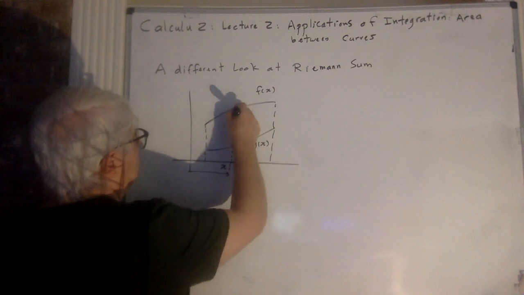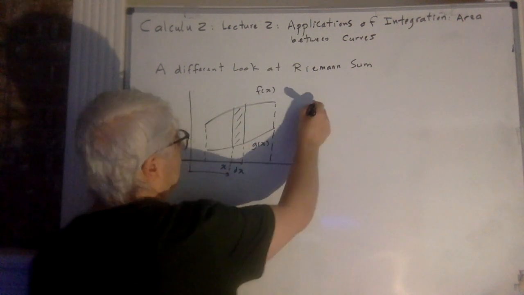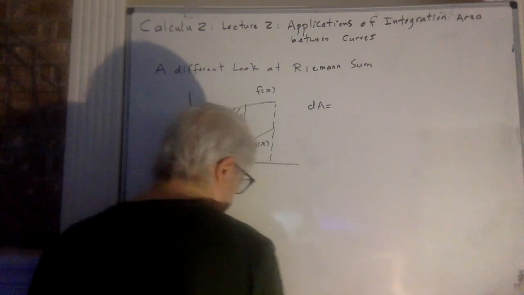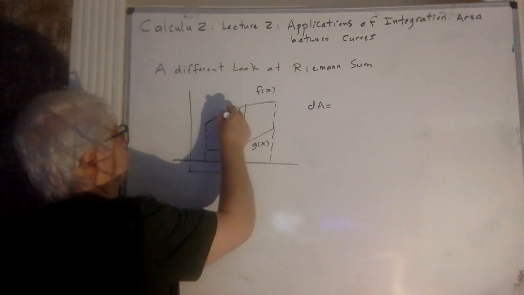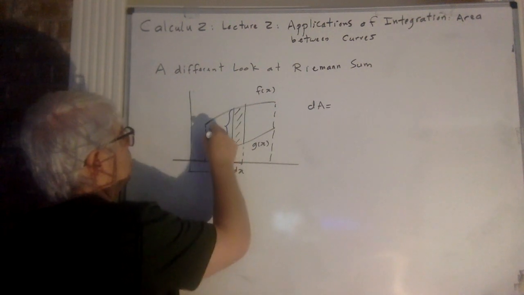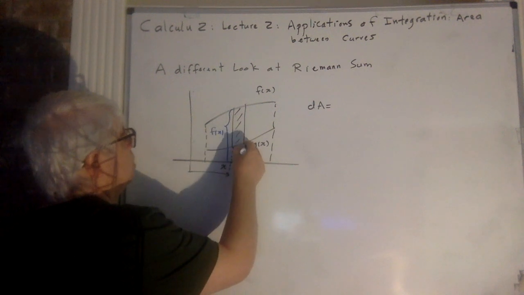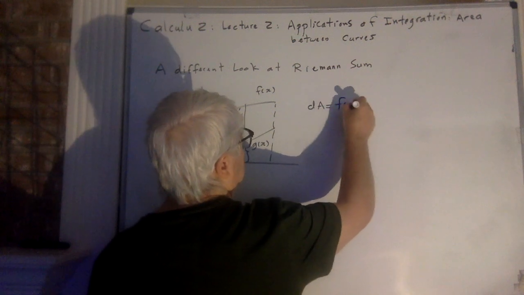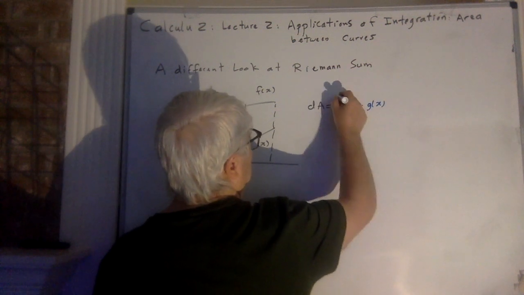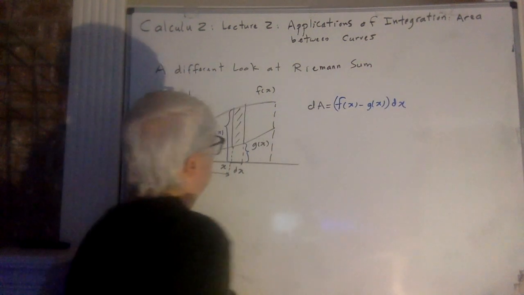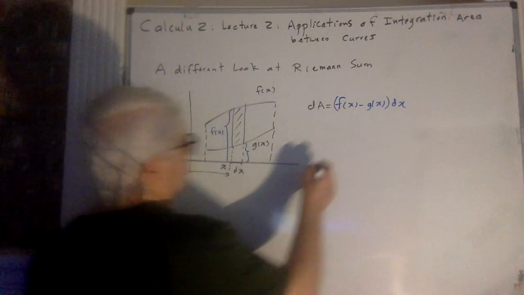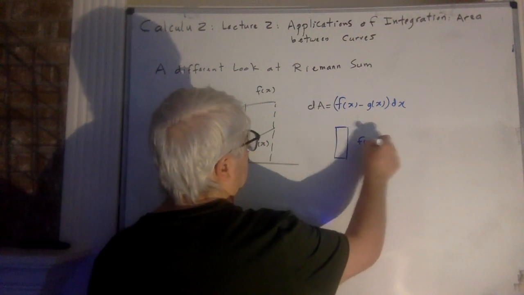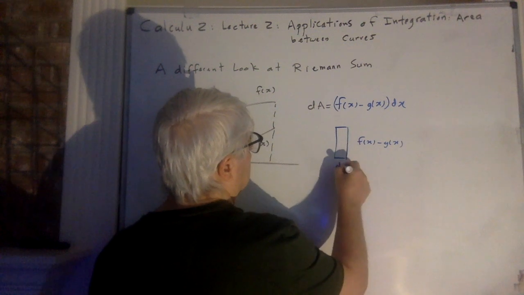the differential of this area, as you can see, is simply dA at point x. This is f(x) from here to here, and this is dx. So that is in fact f(x) minus g(x) times dx.